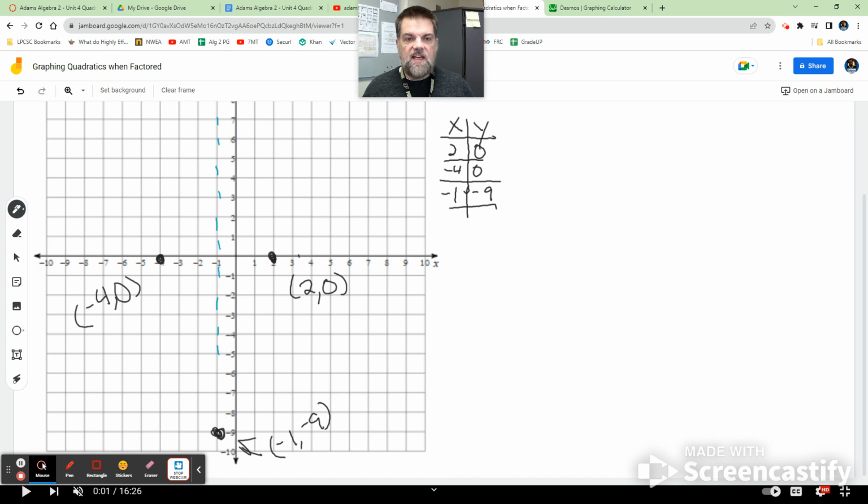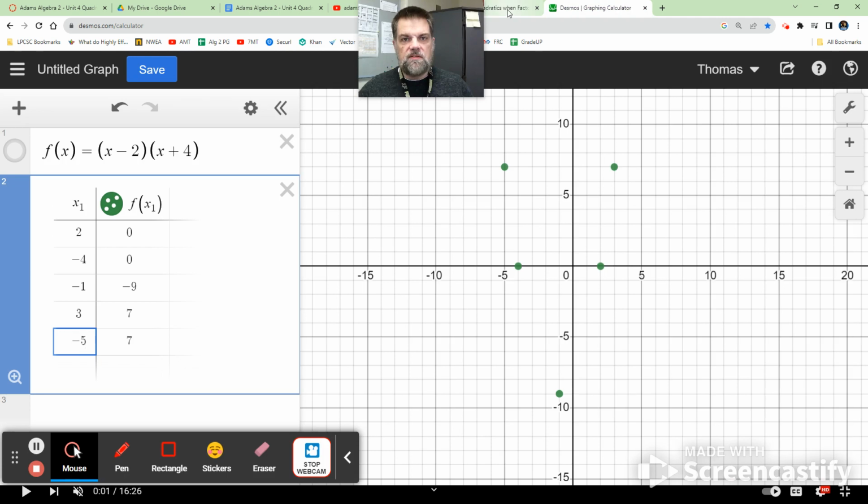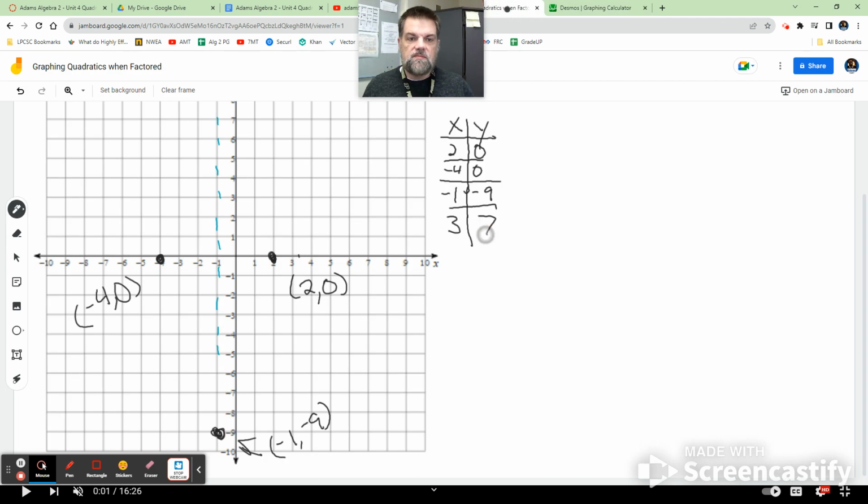And then we said, let's do 3. And what was the value for 3 again? 3, comma, 7, right? And then -5, comma, 7. So this point is 3, comma, 7. And then -5, comma, 7. Okay? And I'm going to zoom out a little bit.